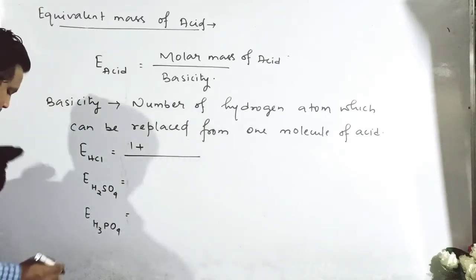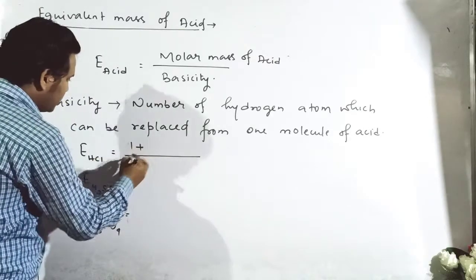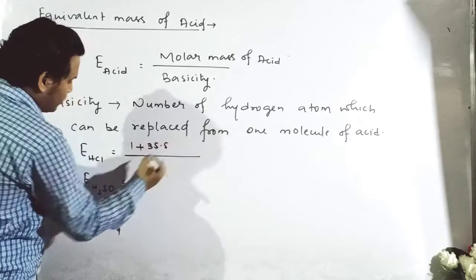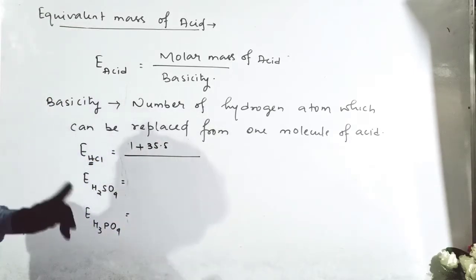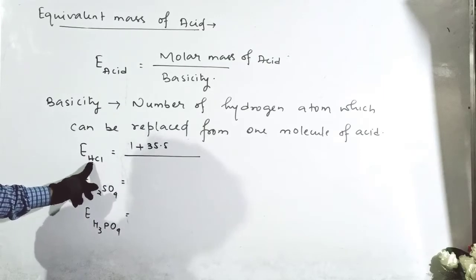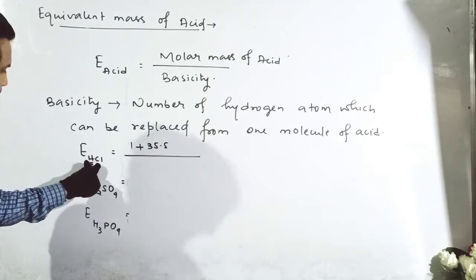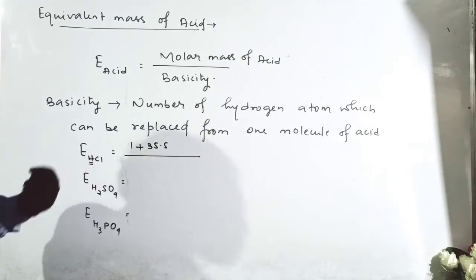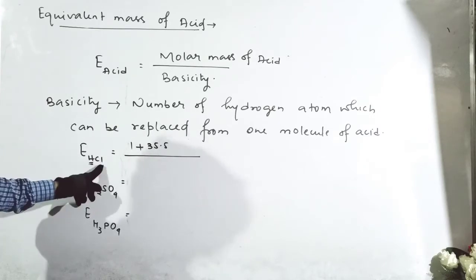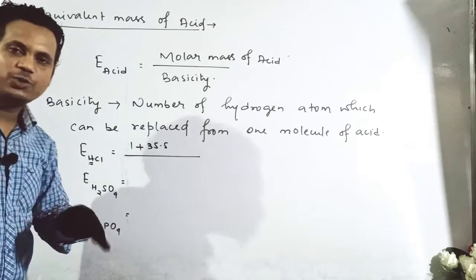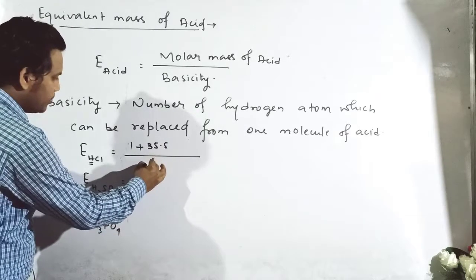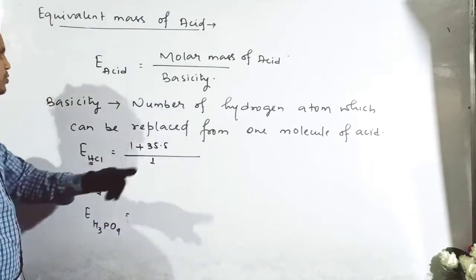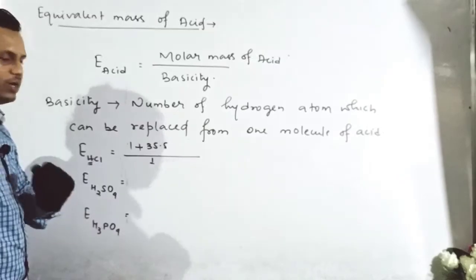HCl, hydrogen having mass 1, chlorine 35.5. How many hydrogen atoms are there? 1, which can be replaced. HCl has only 1 hydrogen, so it can replace it easily. So replaceable hydrogen atoms are 1, so its basicity is 1.